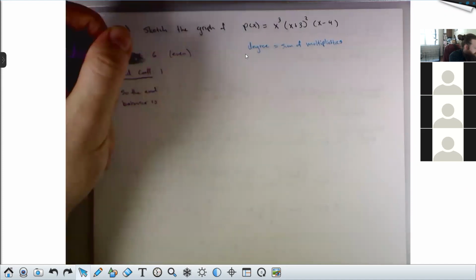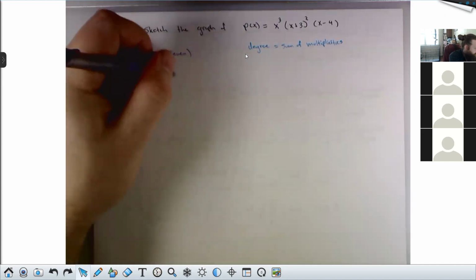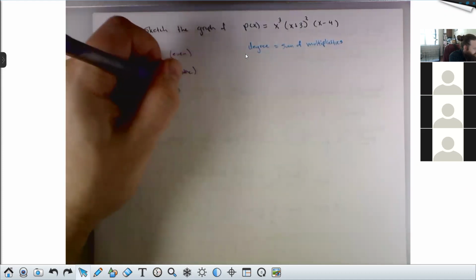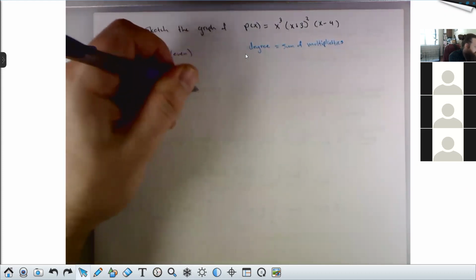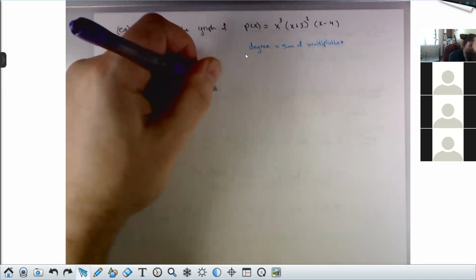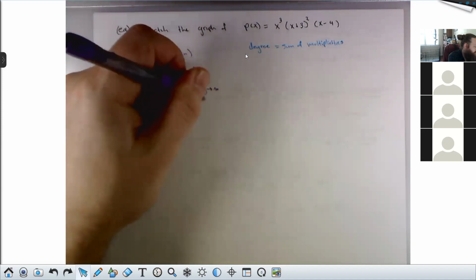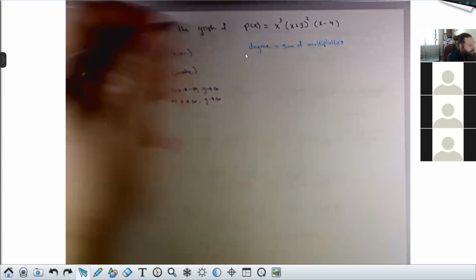which means my end behavior is what? I've got an even degree and a positive lead coefficient. So as x goes to negative infinity, y goes to positive infinity, and as x goes to positive infinity, y goes to positive infinity.